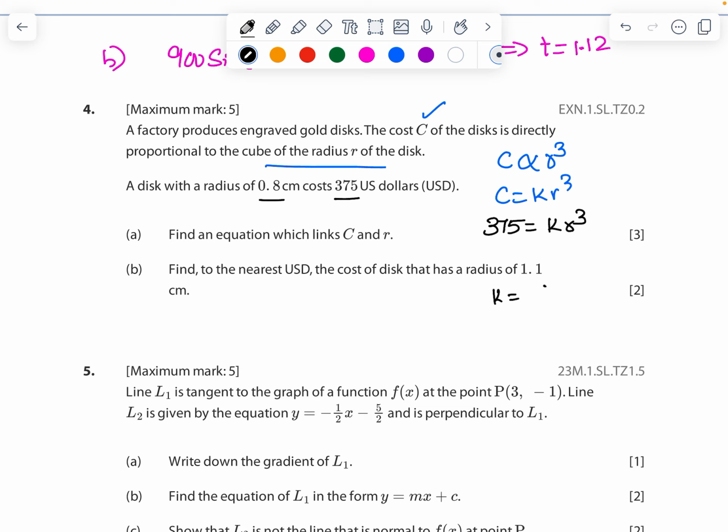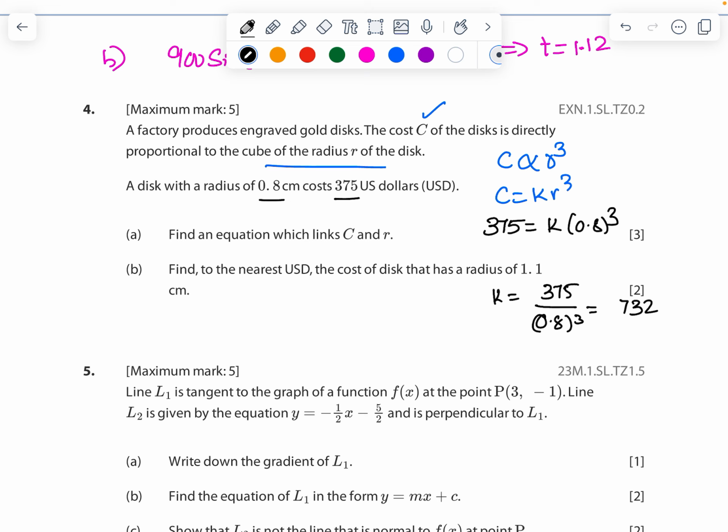K equals 375 divided by R cubed. What was the R value over here? 0.8, so 0.8 whole cubed. This gives me a K value of 732 in 3 significant figures.